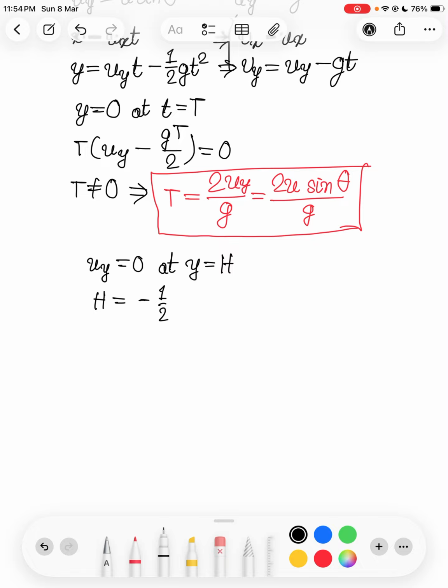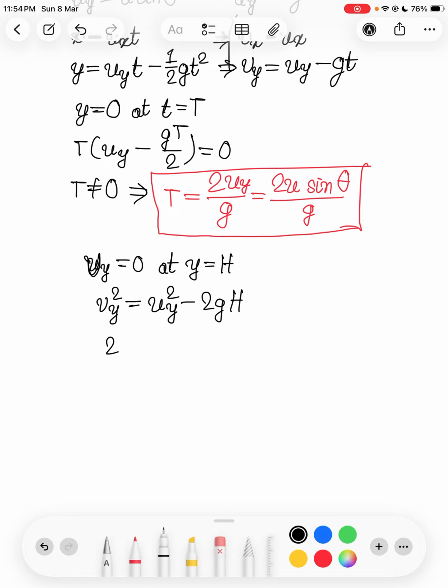It will be easier if we use another equation of kinematics, which is v square equal to u square plus 2as. Using that you can write vy square, which is the instantaneous velocity, is equal to uy square minus 2g into H. We already said that vy is 0 at the highest point.